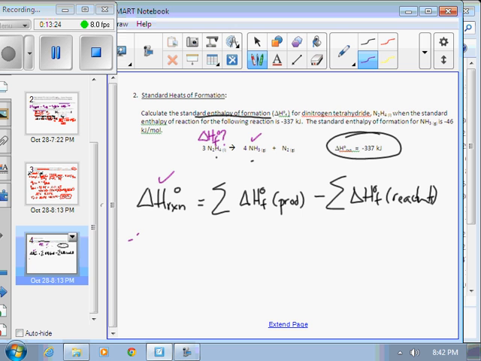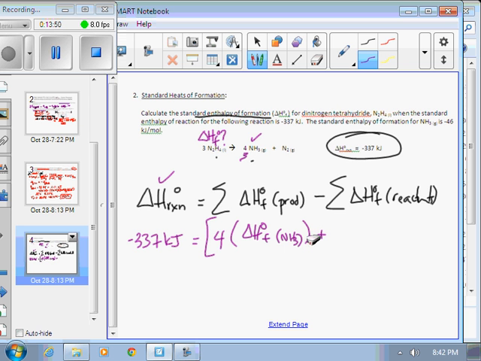So I'm going to go ahead and pop in the negative 337 kilojoules, okay? And then heats of formation of the products. So products minus reactants. We're going to have 4, because there's 4 moles of NH3, times the delta H of formation of NH3, okay? And then our other product, the nitrogen.